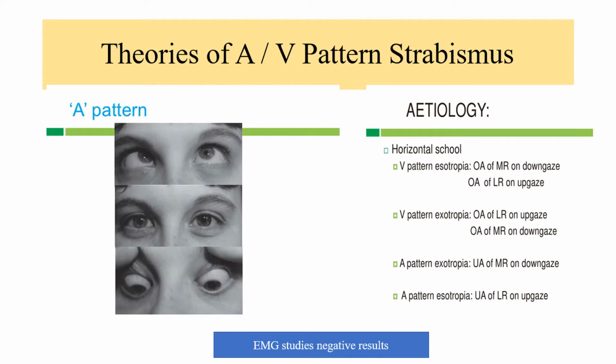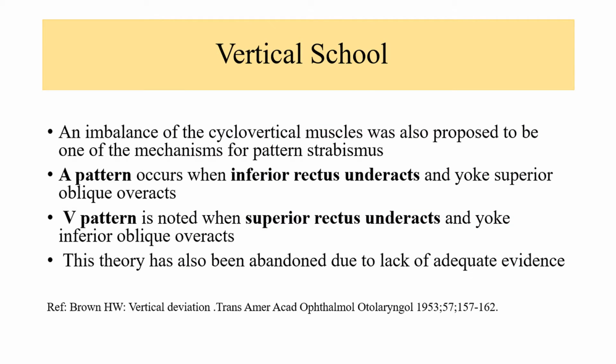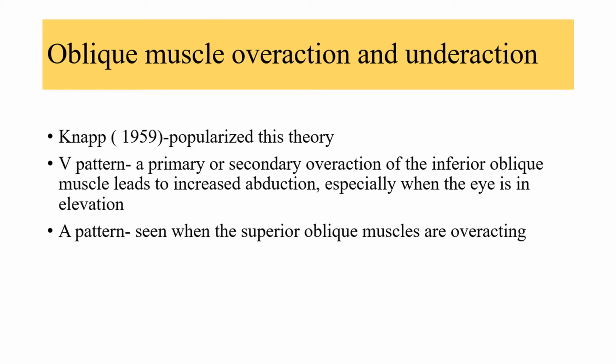The older theory of the horizontal school or the vertical school is no more relevant now. What Knapp popularized, the oblique muscle overaction, is being taken into account. A V pattern is a primary or secondary overaction of the inferior oblique muscle, leading to increased abduction, especially when the eye is in elevation, and that is why you see this V pattern.